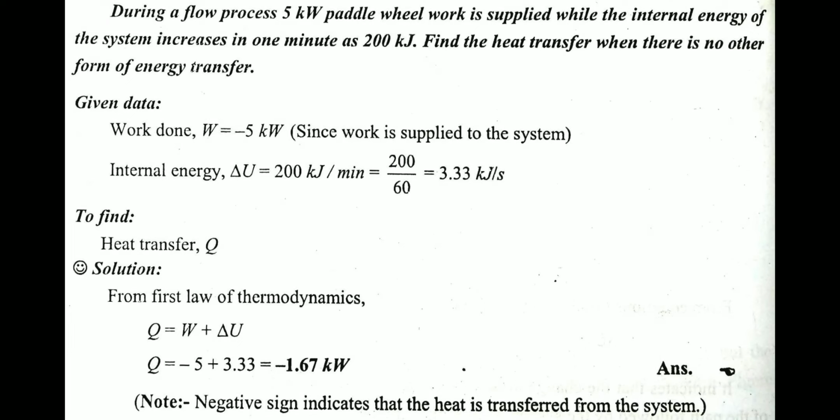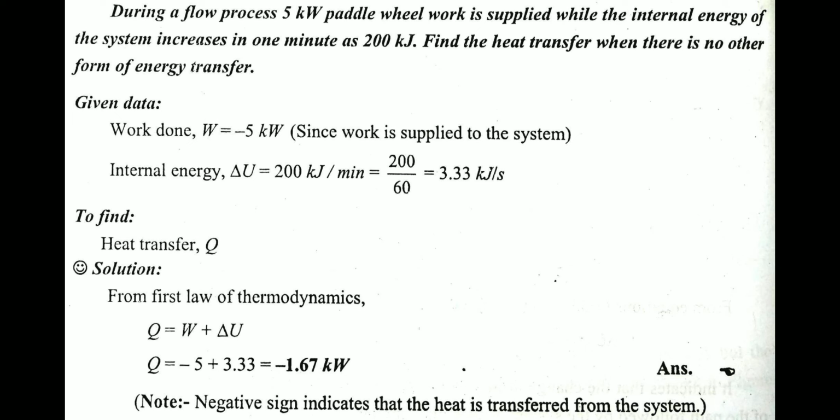As in the given data, I write delta U is equal to 200 kilojoule per minute. Here for 1 minute it is given, but I have to convert it into kilojoule per second because the work done is given as 5 kilowatt. 5 kilowatt means 5 kilojoule per second. So for 1 second it is given.